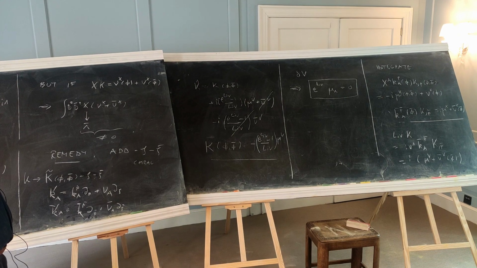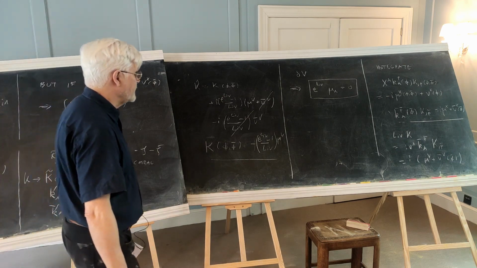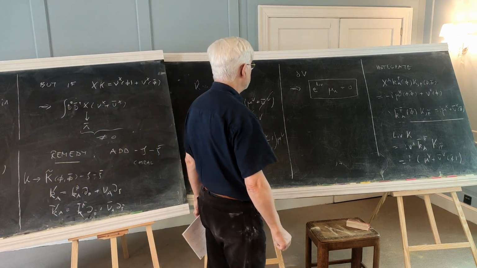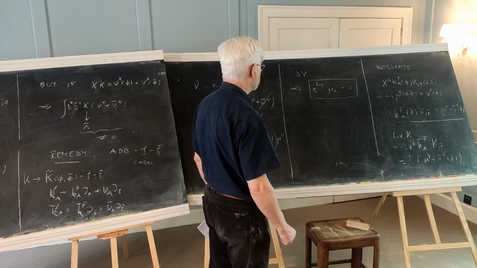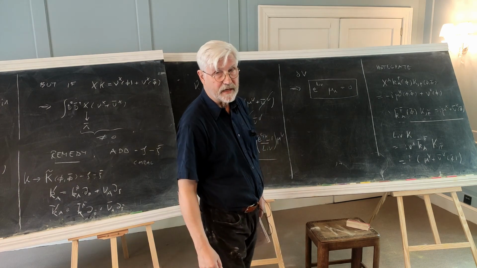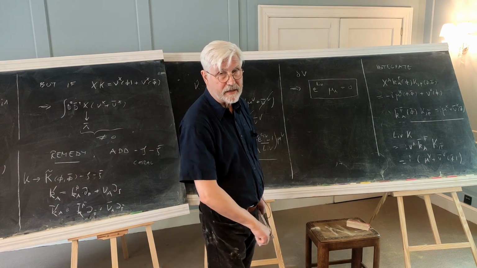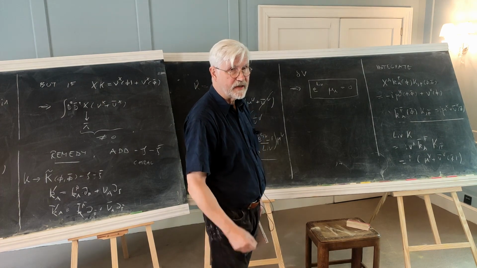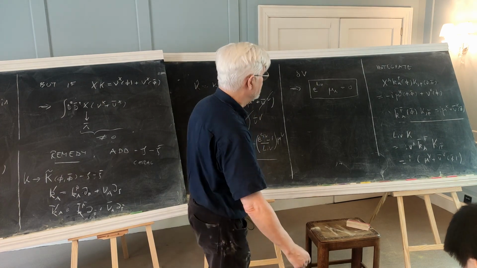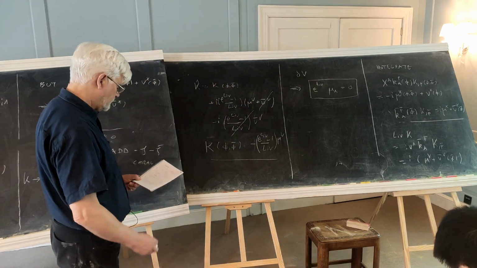And the other thing is, it's not very easy to see what it means. But we have to solve this for V now and plug it back in to get the extremized potential.